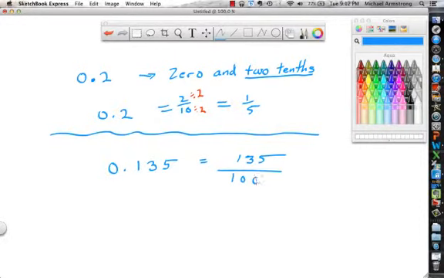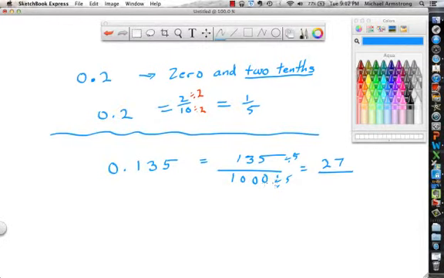So we just put it over 1,000. But now we have to simplify it. If we divide both sides by 5, you might have to get a calculator, 5 goes into 100 20 times, and into 35 7 times. So you can use a calculator to do that. I divide by 5 on the top and then divide by 5 on the bottom.